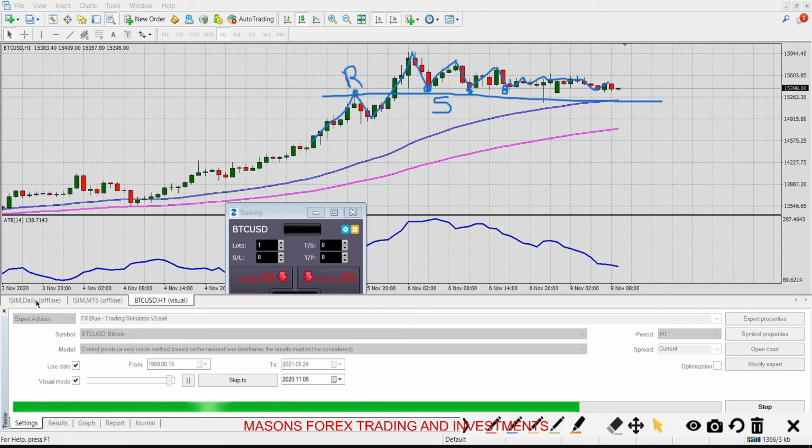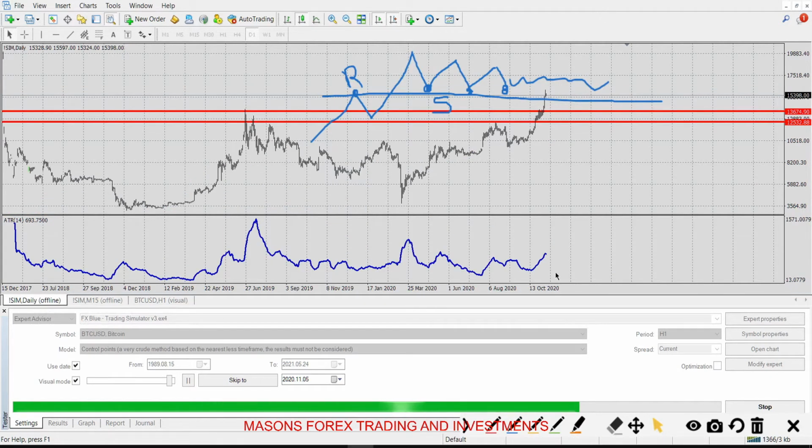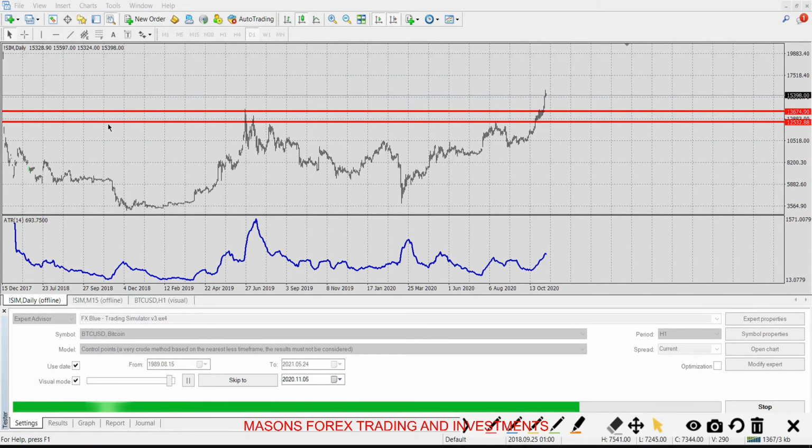If you go back to our daily chart, ideally, what would make this trade or give it significance would be if price could reach this level and then potentially move higher.